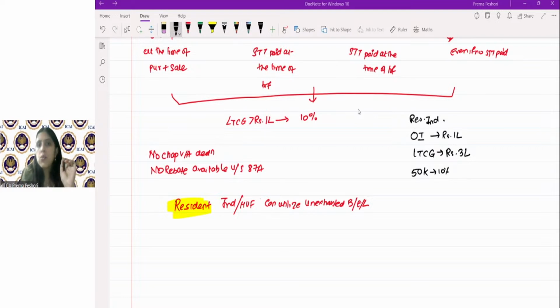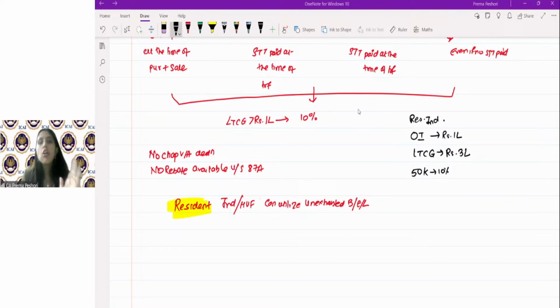See, under 112A the condition is that STT should have been paid at the time of purchase as well as at the time of transfer in the case of equity shares. However, sometimes in genuine transactions STT might not have been paid because these are off-market transactions.